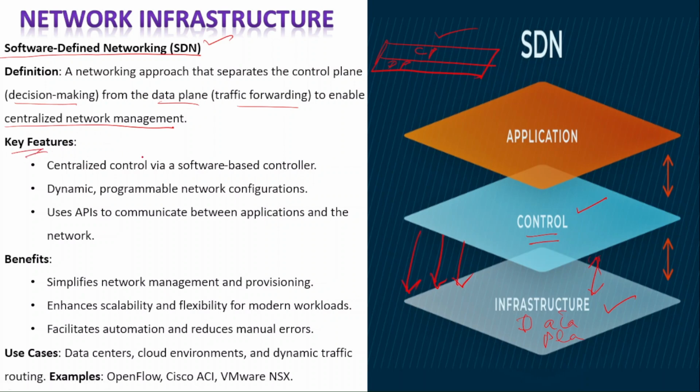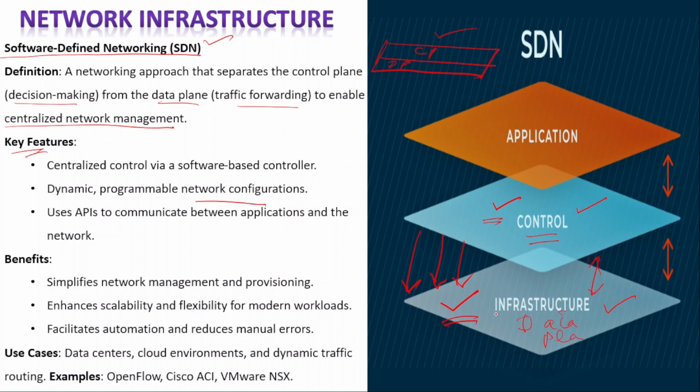Key features include centralized control, that is software-based control. So here we have a controller, and all the control of the infrastructure or data plane is taken by this controller. Dynamic programmable network configuration: it is dynamic and configures the whole infrastructure.